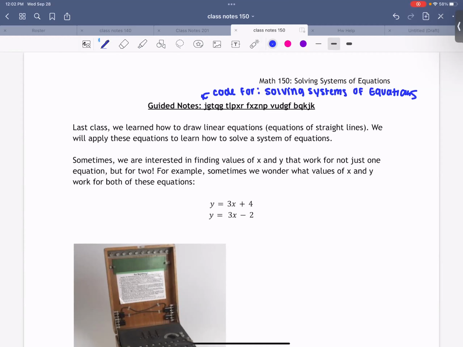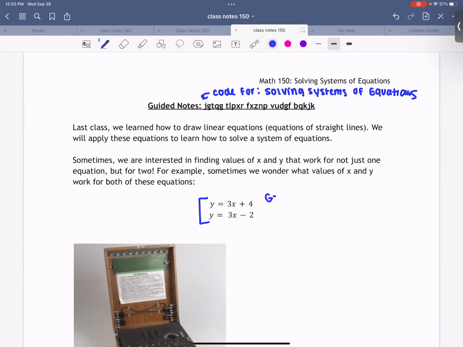Okay, so last class we learned about how to draw linear equations where the highest power of x was 1, right? And all those equations had a straight line, and we were able to easily graph the equations. Now we're going to talk about how to solve these things called systems of equations, where instead of one equation, we actually have more than one or two equations. And instead of finding the value of x, we're actually finding the value of both x and y, okay?